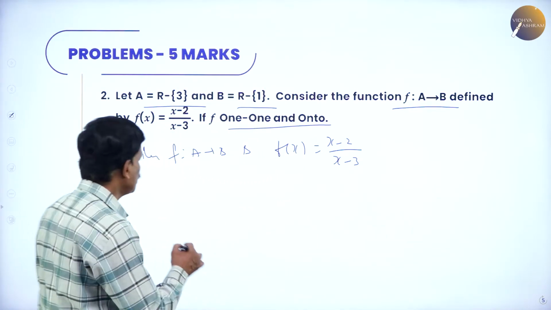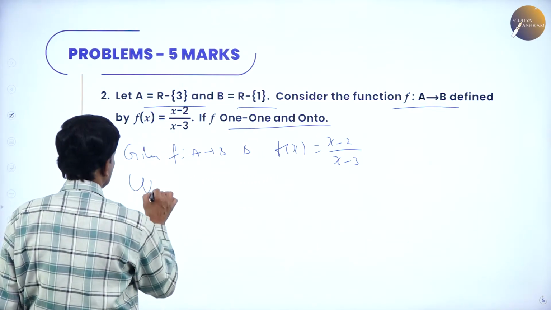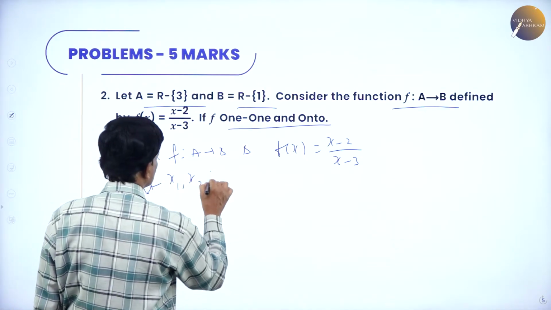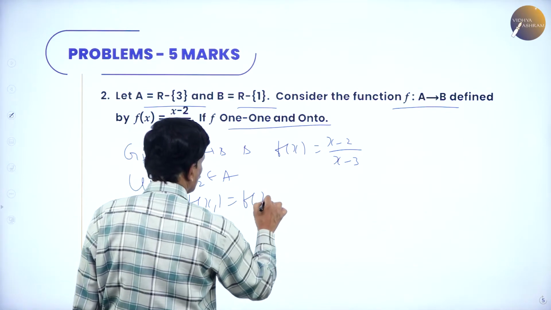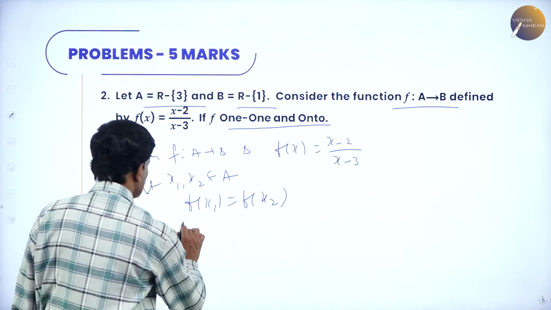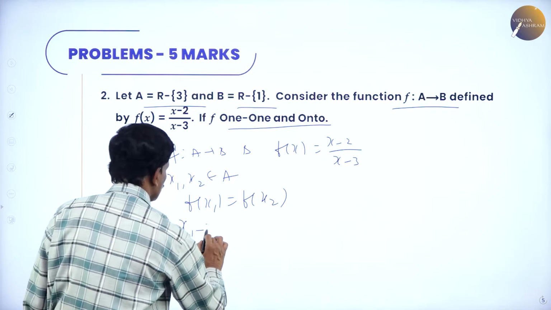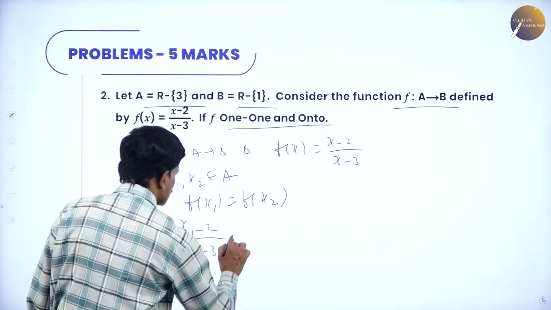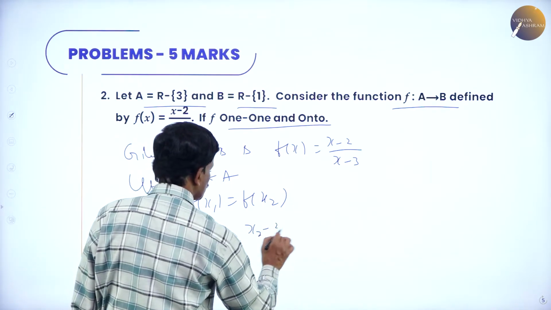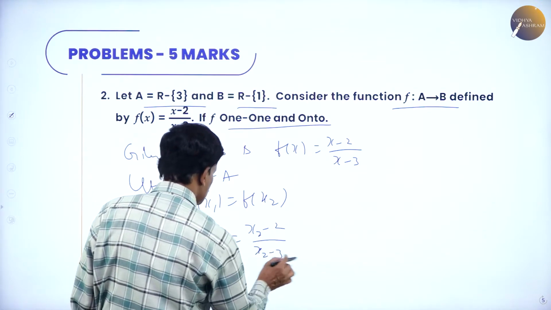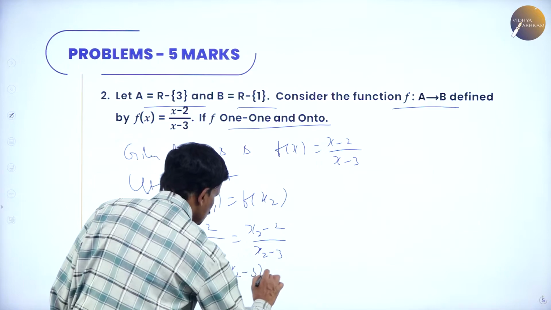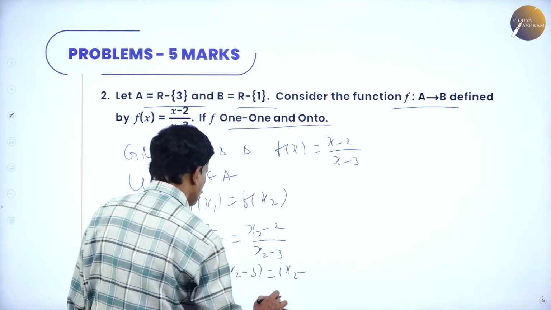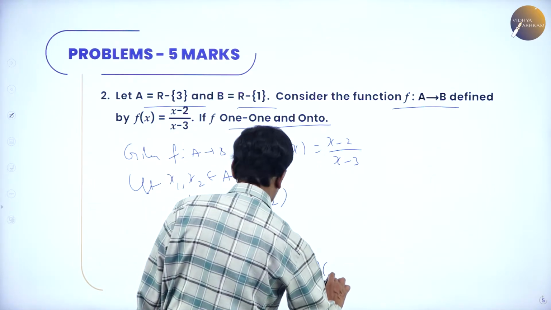Let x1, x2 belong to A. Now let f of x1 is equal to f of x2. What is f of x1? x1 minus 2 by x1 minus 3 is equal to x2 minus 2 divided by x2 minus 3. Simplify this. x1 minus 2 into x2 minus 3 is equal to x2 minus 2 into x1 minus 3.